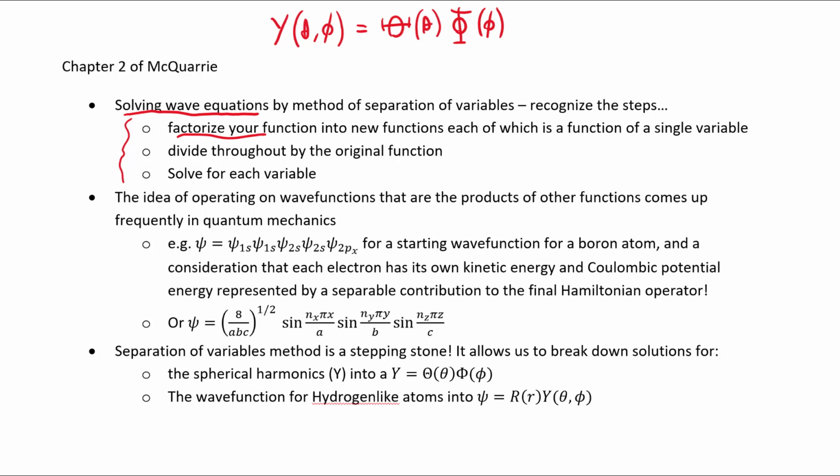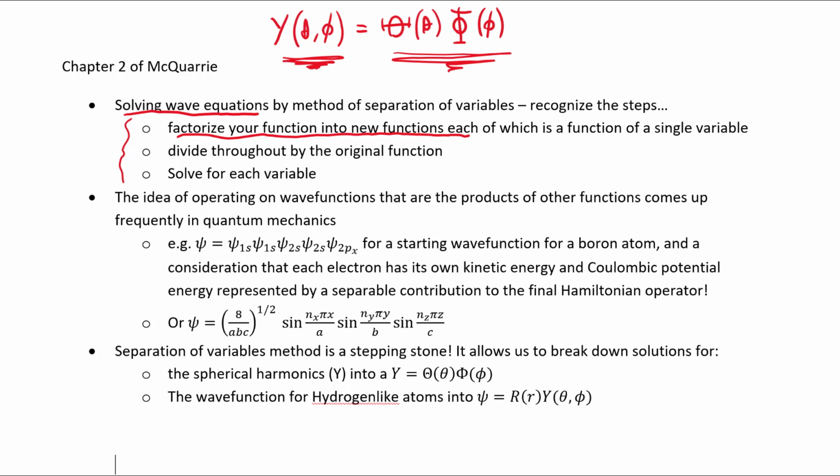So we factorize that function into these new functions. What I'm saying here is we take this function Y and we write it down in terms of functions of a single variable. Then we basically operate.